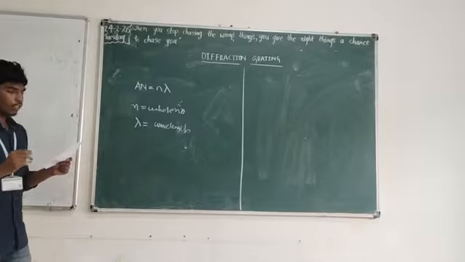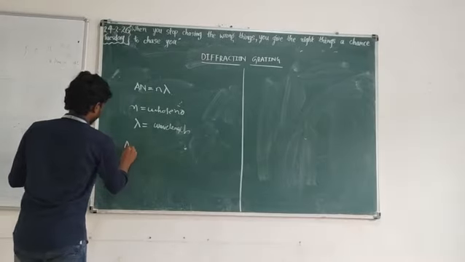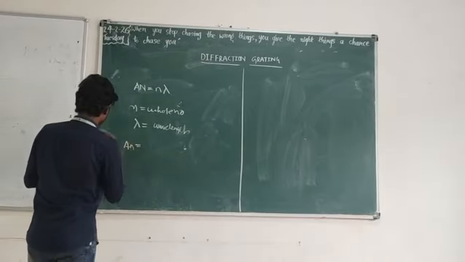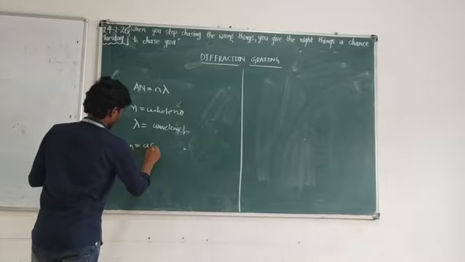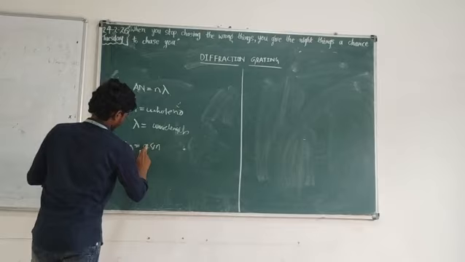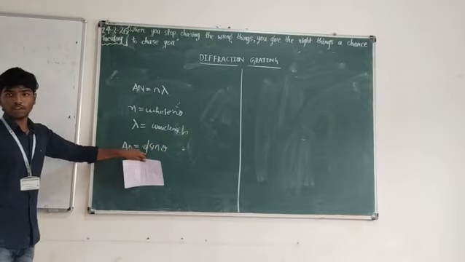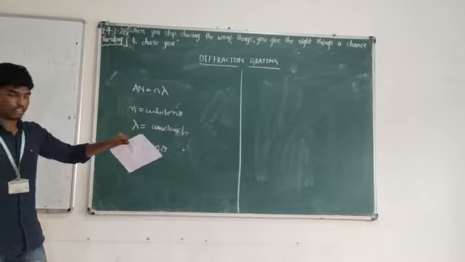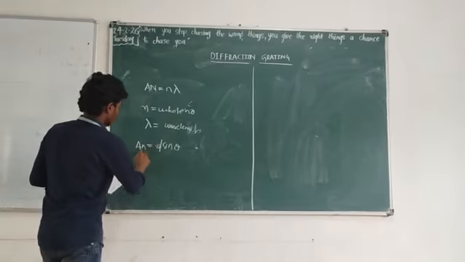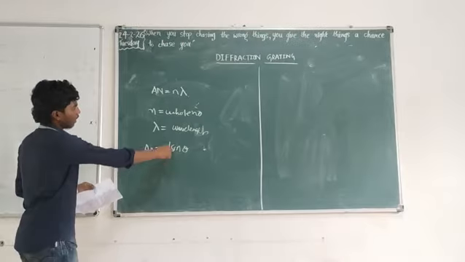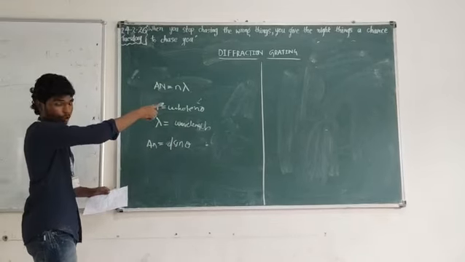And if we consider the path difference equal to d sine theta, where d is the distance between the two slits, then the path difference equals d sine theta and also equals n lambda.